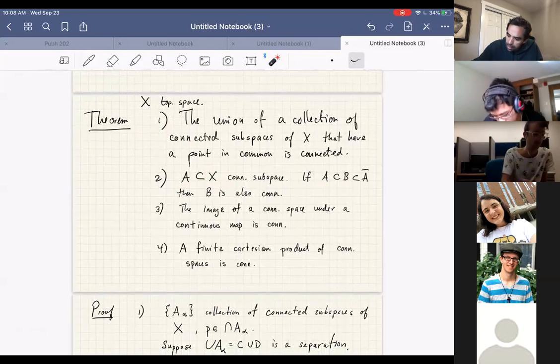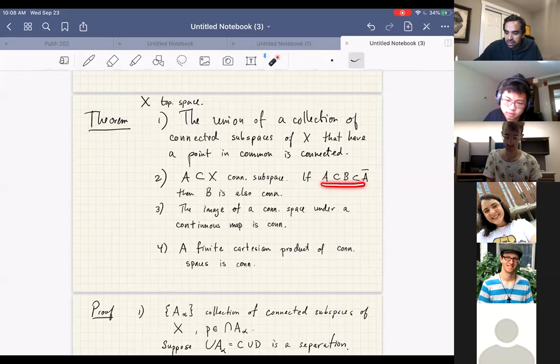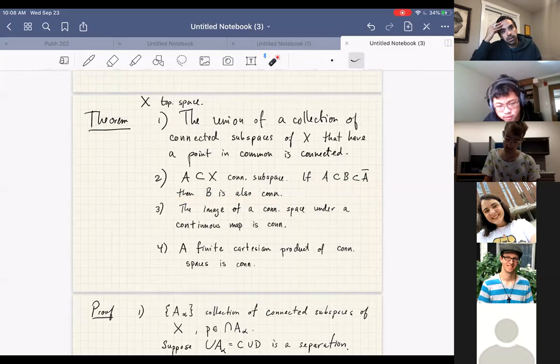Remember, A closure is the union of A and the limit points of A. So suppose B is a subspace containing A and some limit points of A, right? That's the same as saying that B fits in this way with respect to A in the closure of A. Then B is also connected. So adding limit points does not change the connectivity property. Does that make sense?